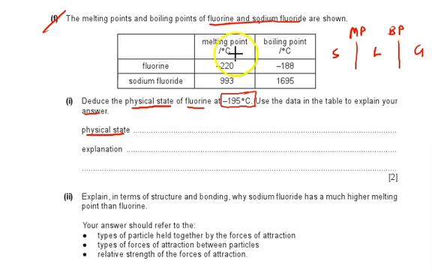So the melting point of fluorine is negative 220. They are asking the physical state of fluorine at negative 195, which is slightly higher, about here. Okay, this is negative 195, which means it is still in the liquid state.